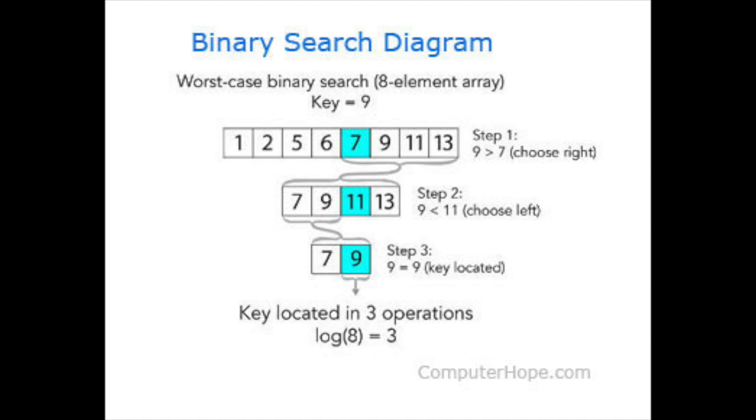We see that 9 is greater than 7, so we choose the right-hand side, and then we see that 11 is now greater than 9, so we choose the left-hand side of our array. And then in step 3, we find our location. So basically, what we're doing here is narrowing down where our target is. And that is how binary search works. It's great, it's fast, and it's very efficient.